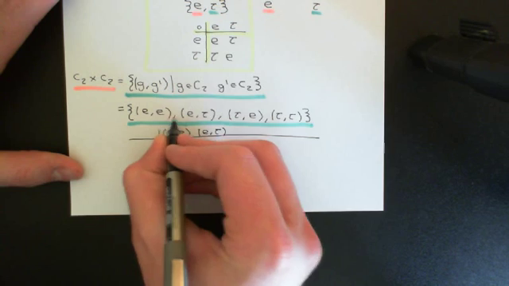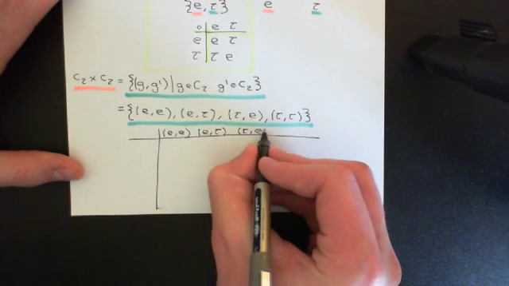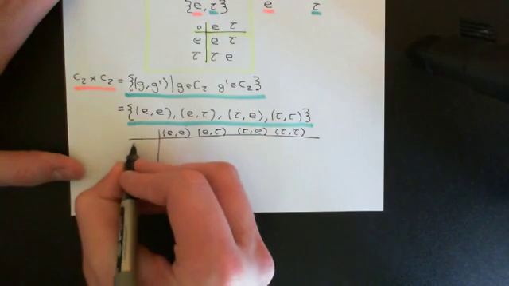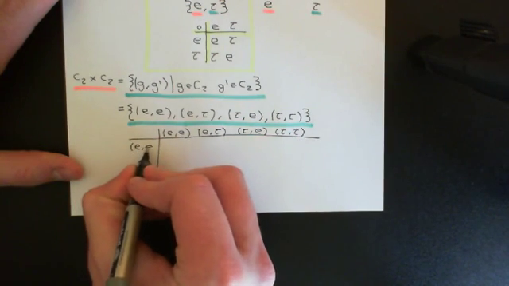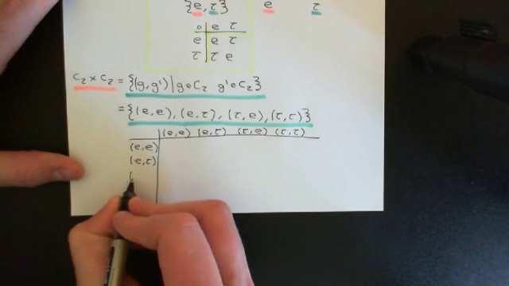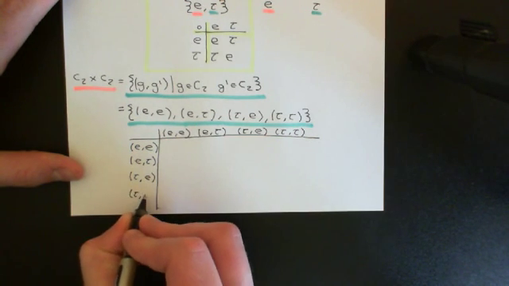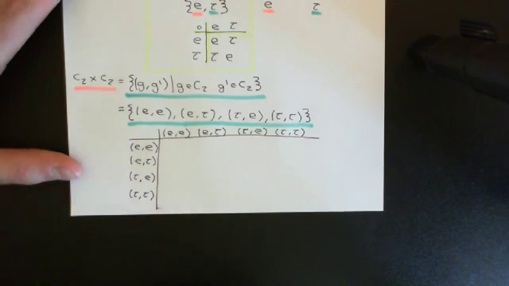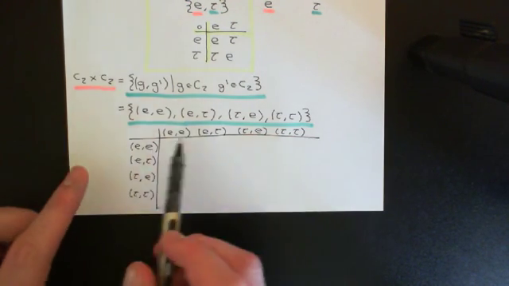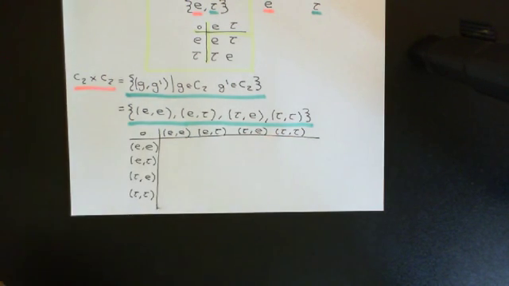So here's tau tau, and now I'll give them all a row as well: the identity here, the identity tau here, tau and the identity here, and tau tau here. Now I need to go through and fill in all 16 of the entries, and again we'll just call it abstract composition here.